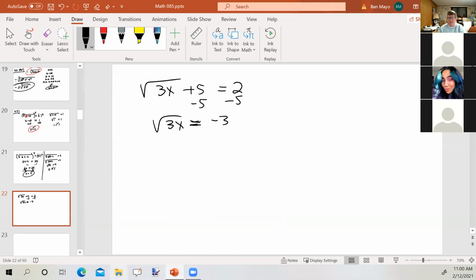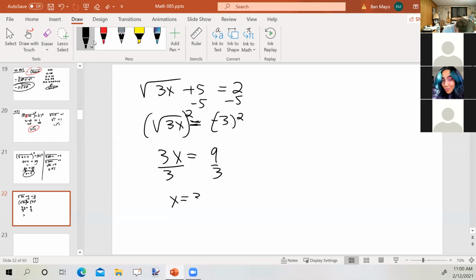So now I've isolated the radical. Okay. Now I'm going to square both sides. And I get 3x equals -3 times -3 is +9. Then I'm going to divide both sides by 3, so x equals 3.